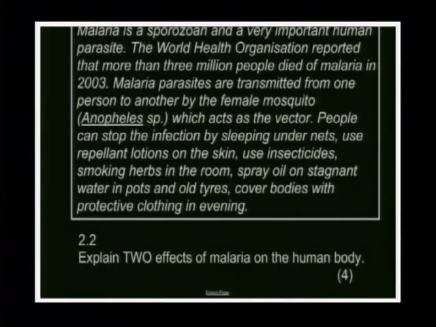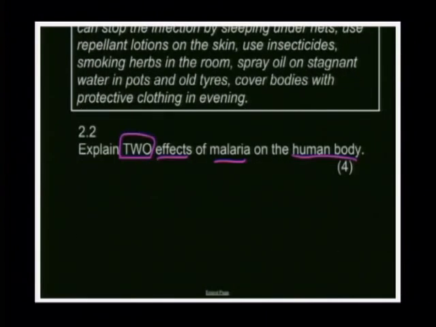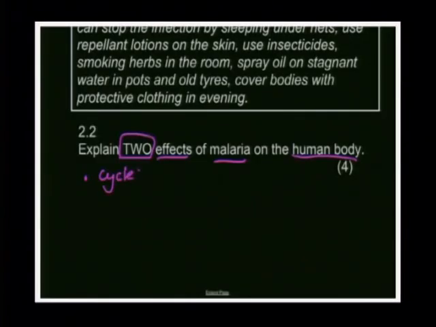The next part of the question. Explain 2 effects of malaria on the human body. Well, here there is quite a list, so any two of these. You may have cycles of chills and fever.